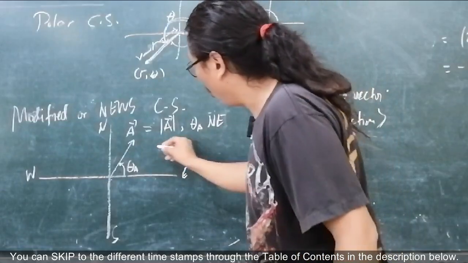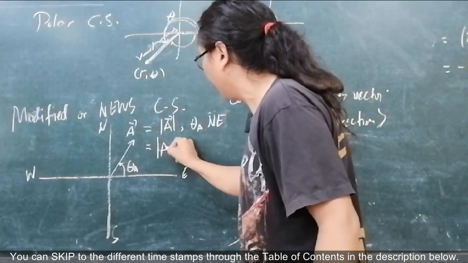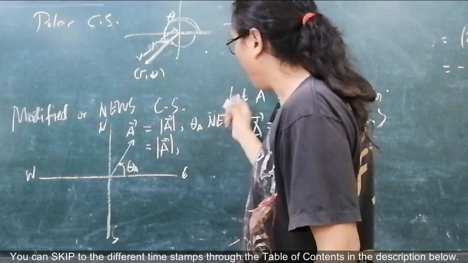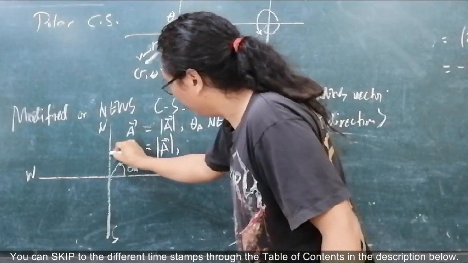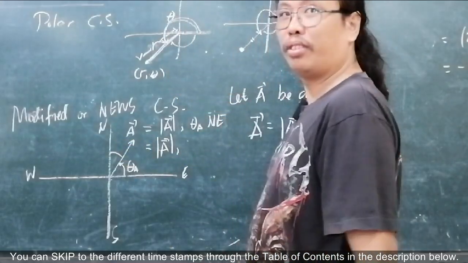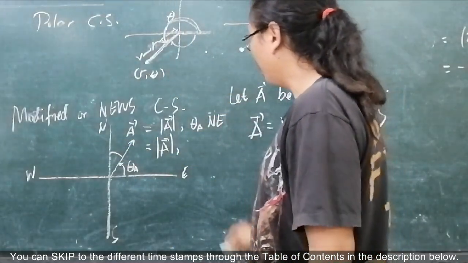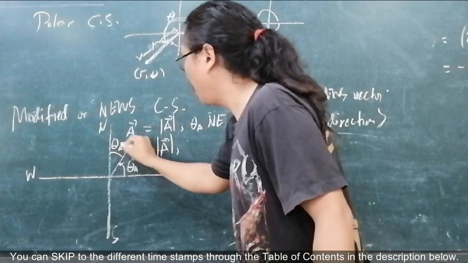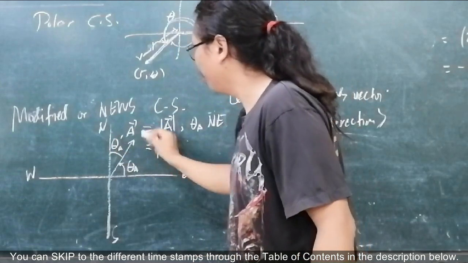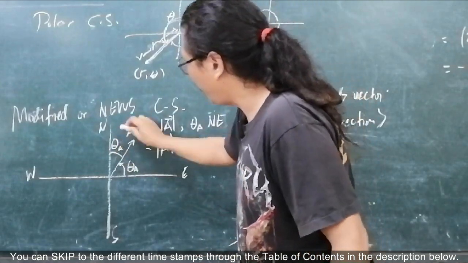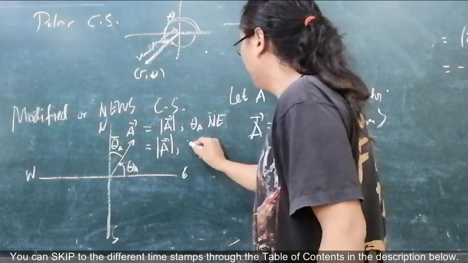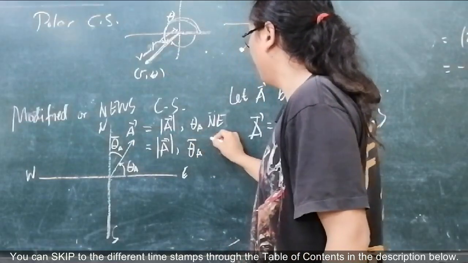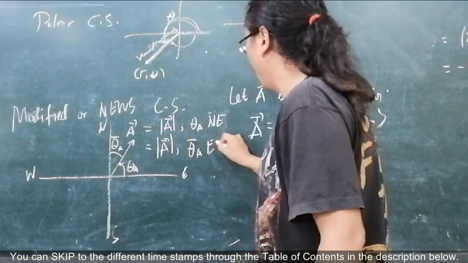Now, I can also write this as A, let's call this theta A prime, or theta A bar, east of north.